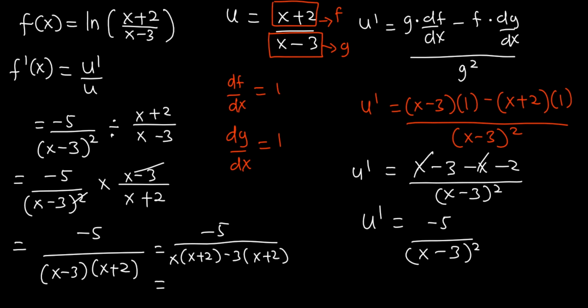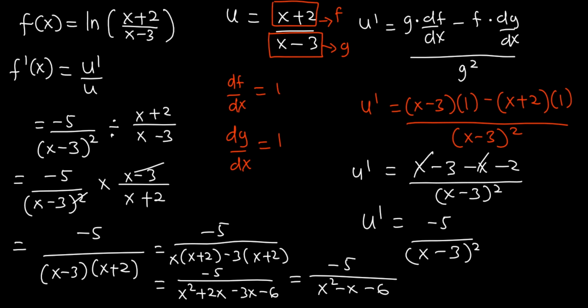So when you simplify this, you have minus 5 divided by x squared plus 2x minus 3x minus 6. Okay, so let's simplify this here. That will be minus 5 divided by x squared, 2x minus 3x gives us minus x, and then minus 6. So that will be the derivative of the function that was given.